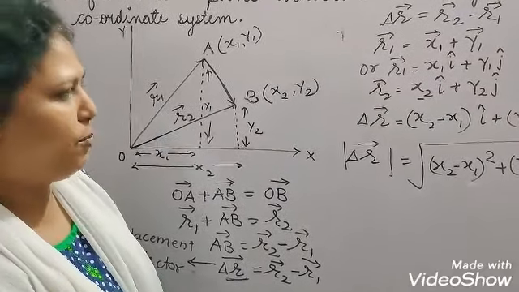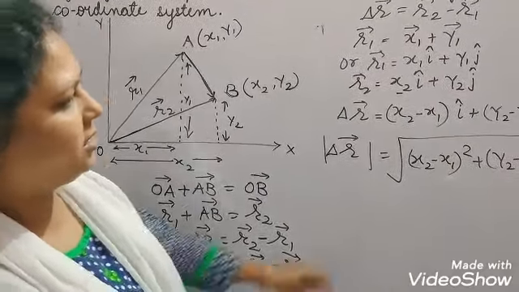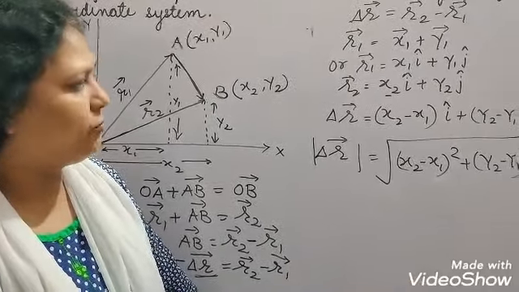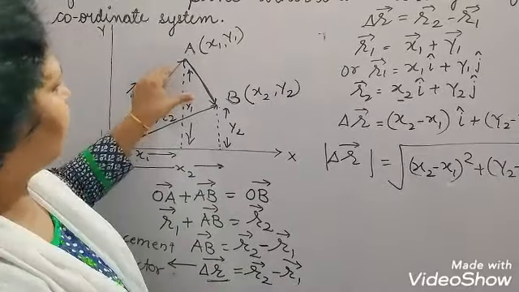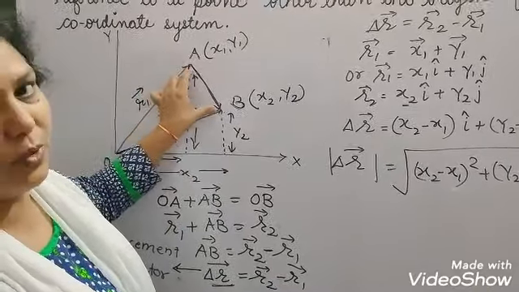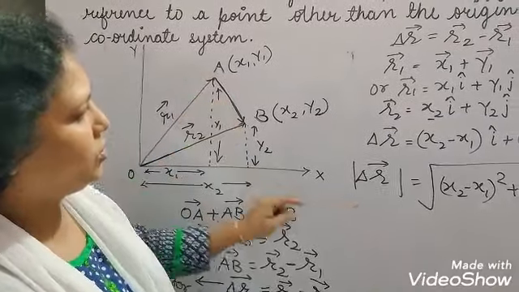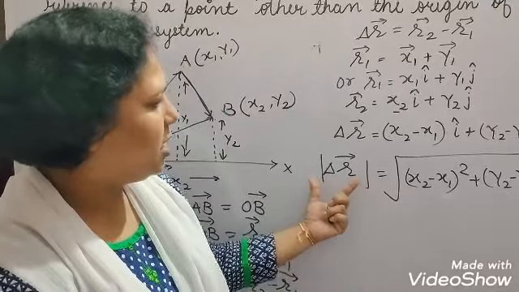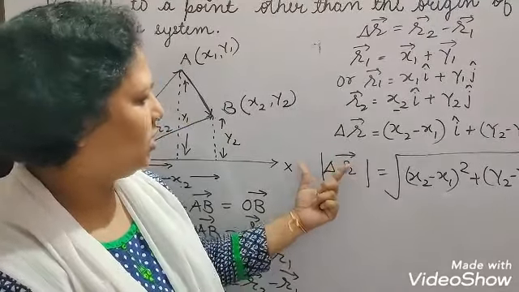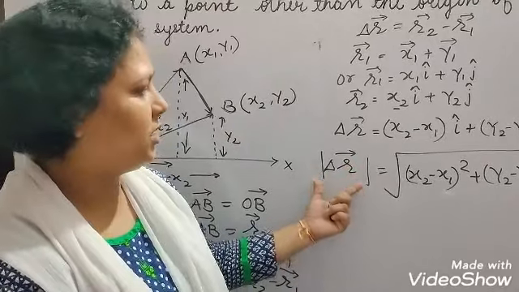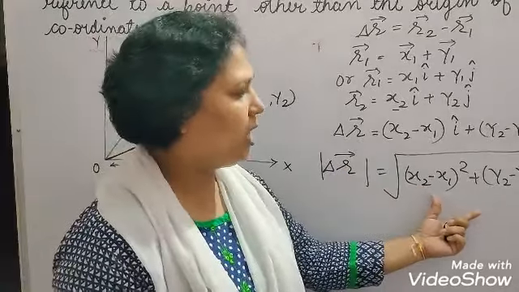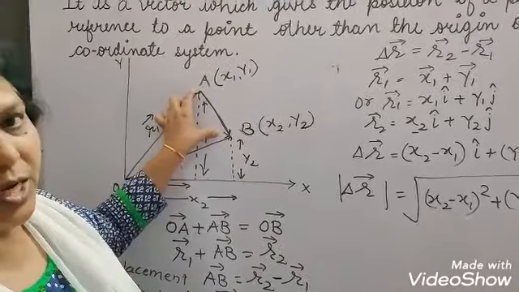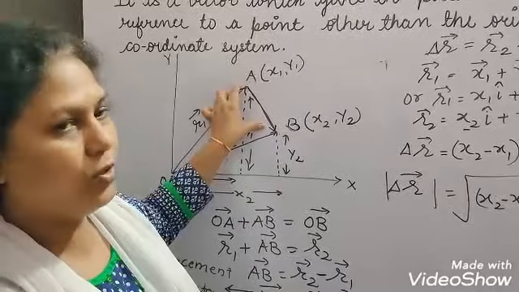Now you might remember that this is the distance formula that you learned in class 10th, the distance between the 2 points A and B. So the displacement vector's magnitude is nothing else, it is simply the straight-line distance between the 2 points.